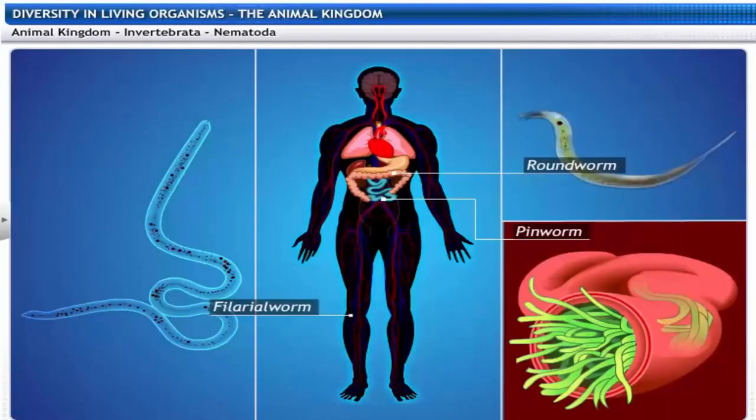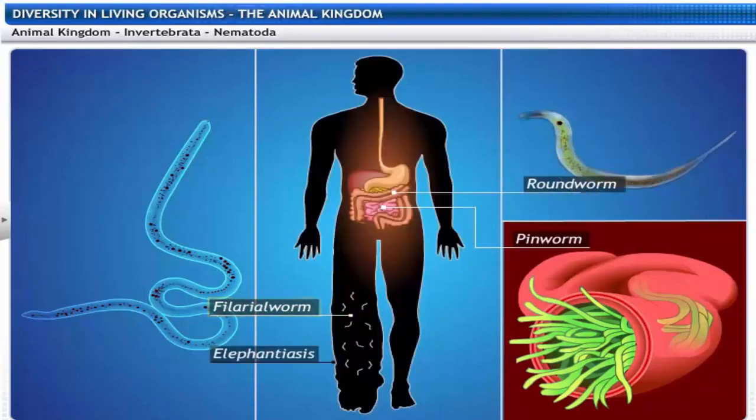Nematodes can be free-living or parasitic. Parasitic worms in humans are roundworms and pinworms in the intestine of humans. Filarial worms in lymph and limbs cause elephantiasis.